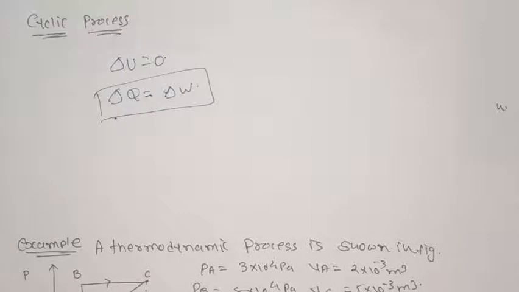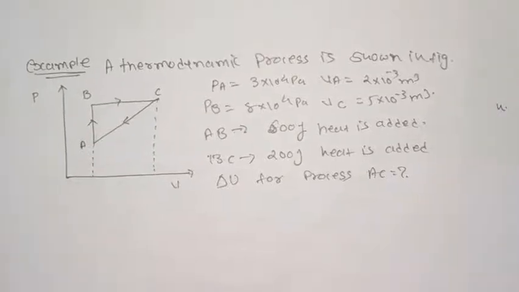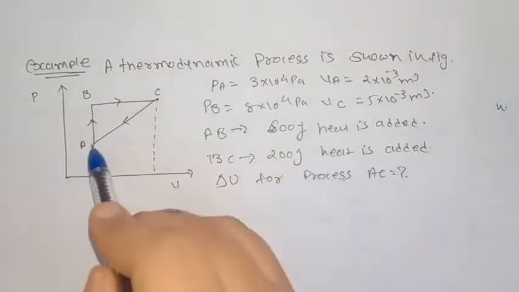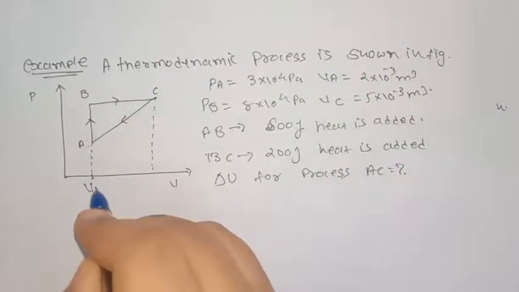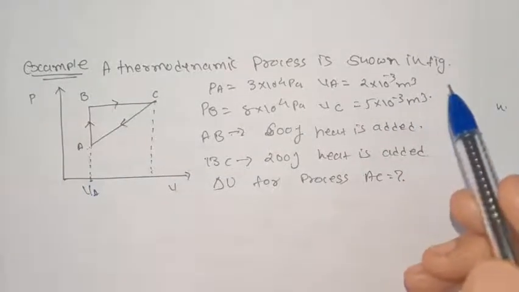Let us see some examples. In a thermodynamic process shown in the figure, given pressure at point A is 3 into 10 power 4 Pascal, volume at point A is 2 into 10 power minus 3 meter cube.